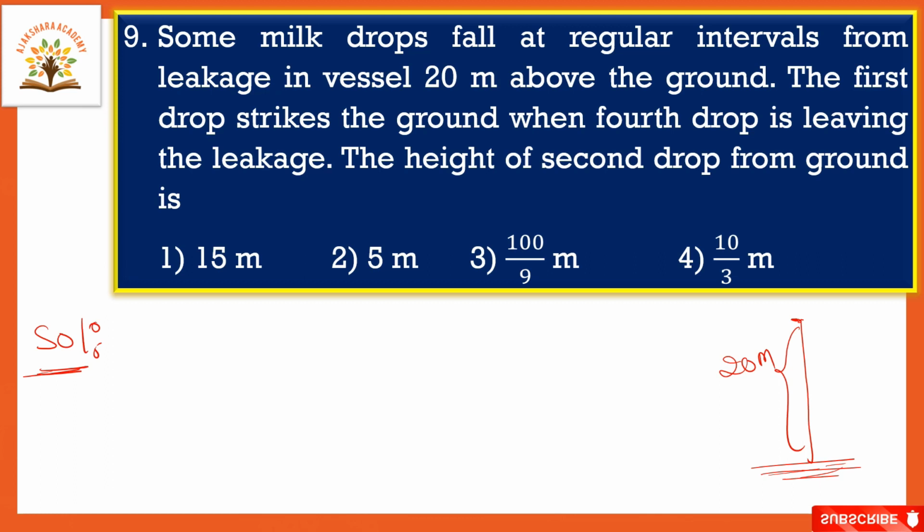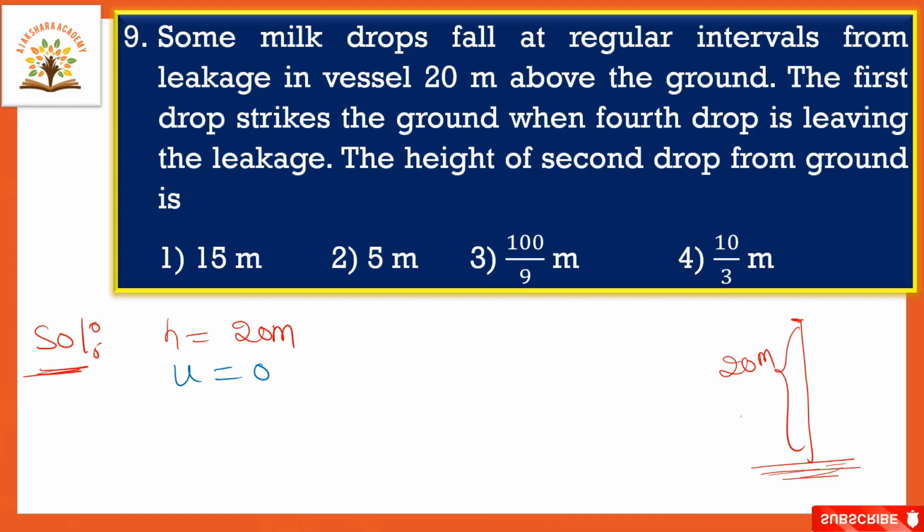We need the height of the second drop from the ground. Now height h is equal to 20 meters, and it is a freely falling body, its initial velocity u is equal to 0.